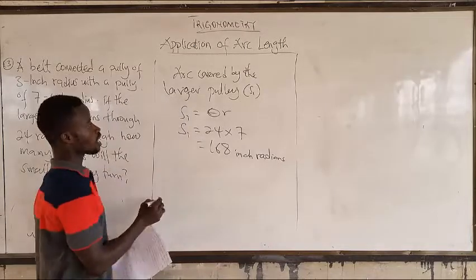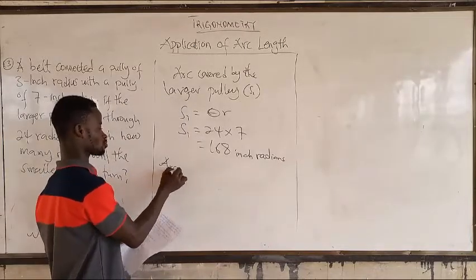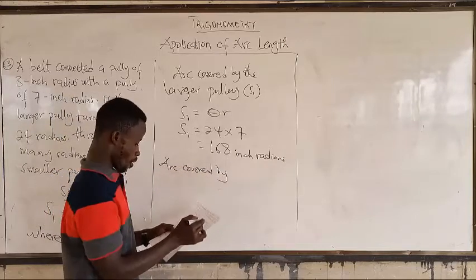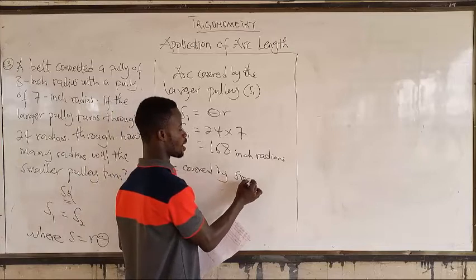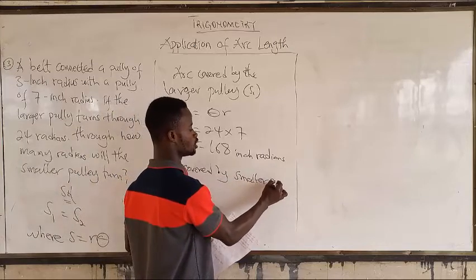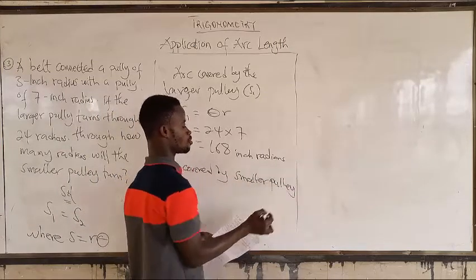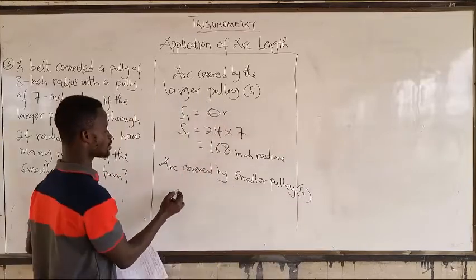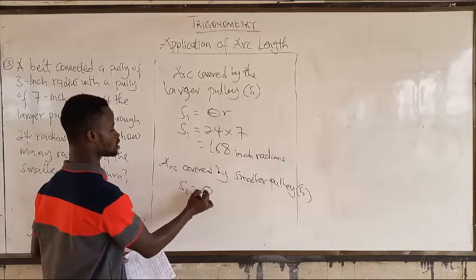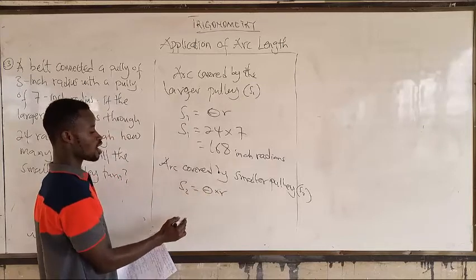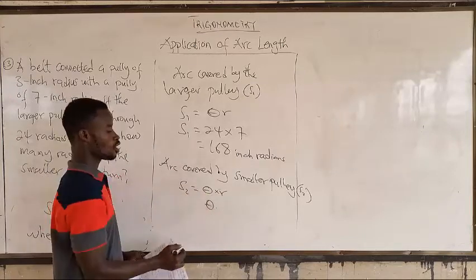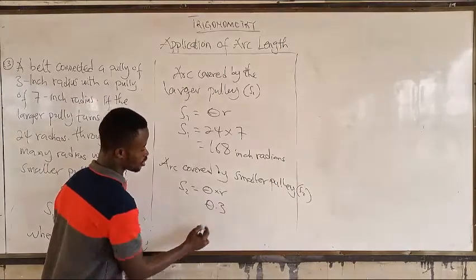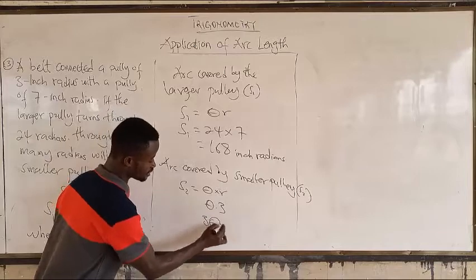Now let's go for the arc covered by the smaller pulley. That's going to be S2, which is theta times R. Now the theta is unknown, but the radius is known, and that is 3. So here we get 3 theta.